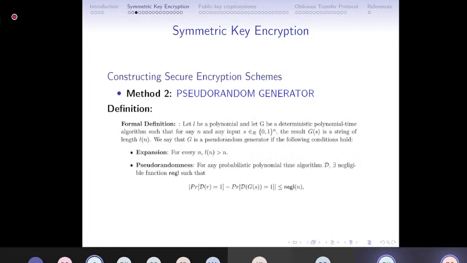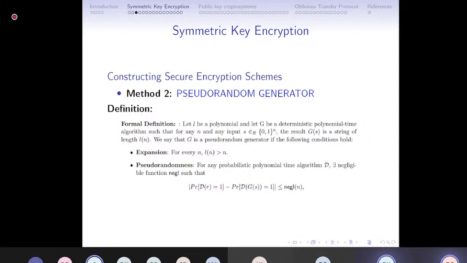So in order to overcome that problem, because the key is as large as the message space, we have taken another method called the pseudo random generator method. By using this method, we can overcome the first problem.